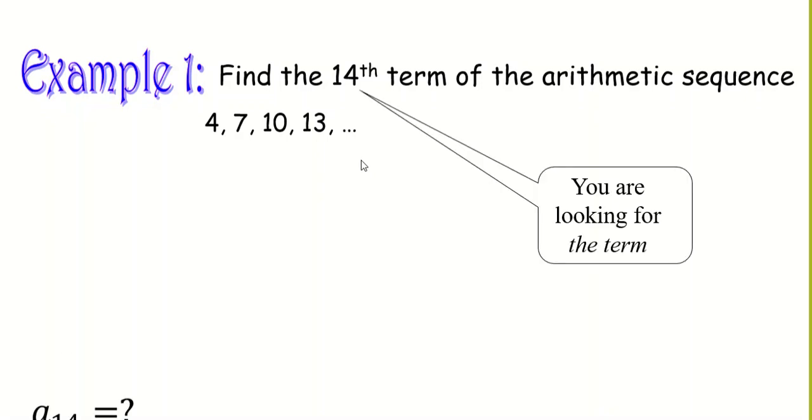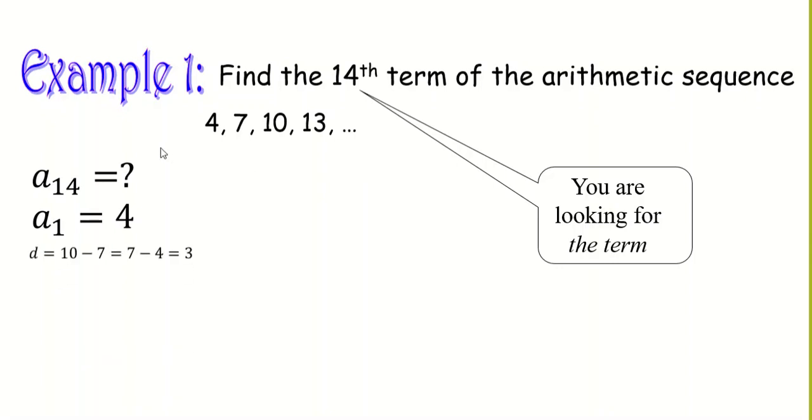So using the formula, a sub 14, these are the givens first. A sub 14 is the unknown since you're looking for the 14th term. A sub 1 is 4, and your common difference, if you solve for it, is positive 3. The general formula for an arithmetic sequence is a sub n is equal to a sub 1 plus n minus 1 times d.